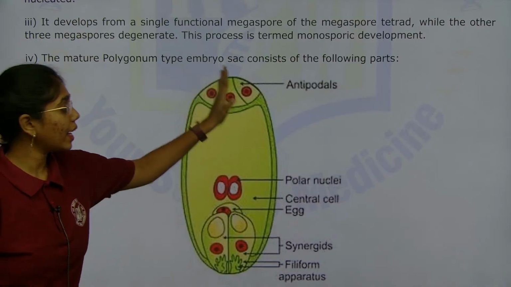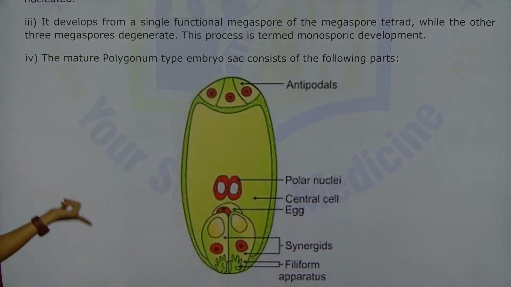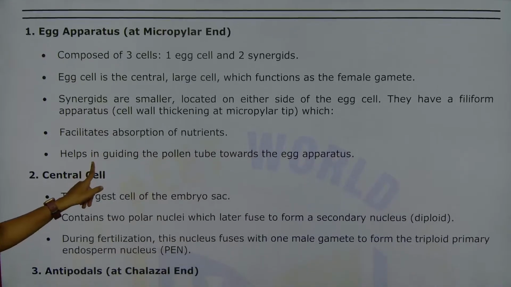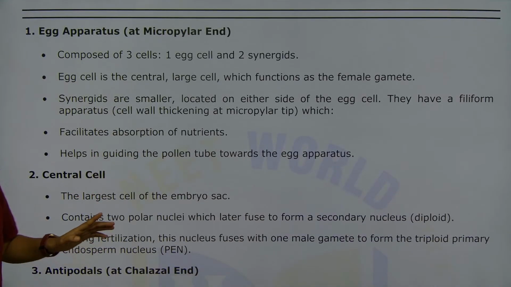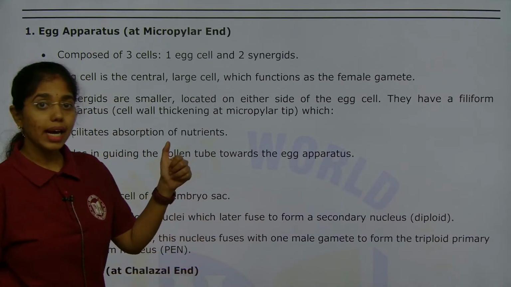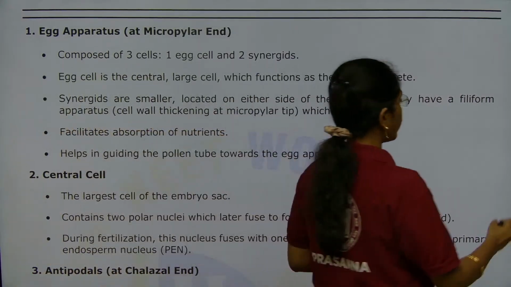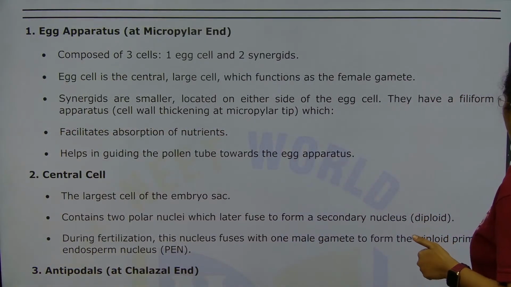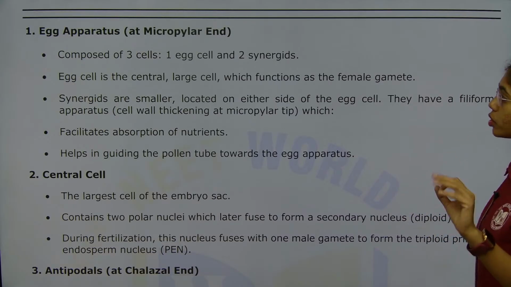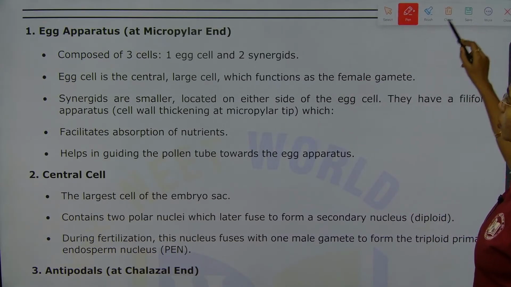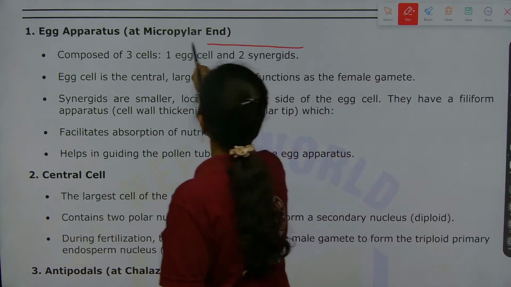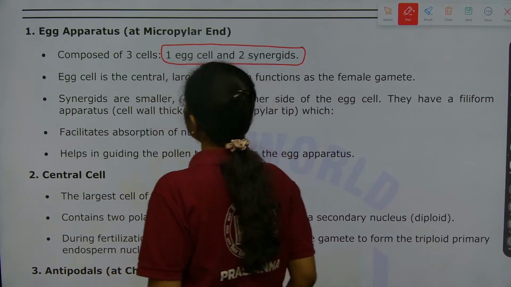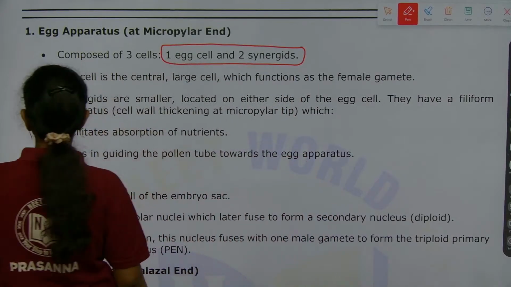Then give a detailed diagram of the embryo sac, then start describing the diagram. Here, at the micropylar end you will have the egg apparatus, which is composed of 3 cells: 1 egg cell and 2 synergids.